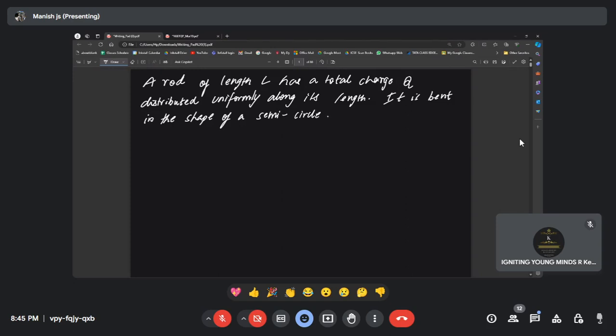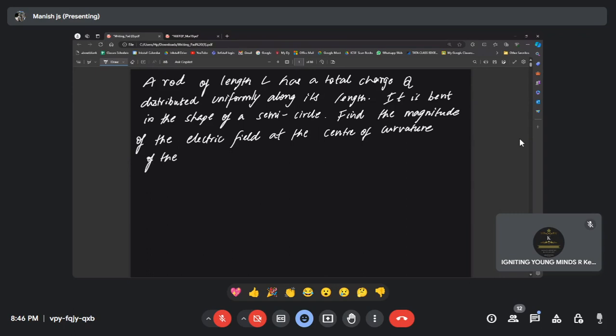It is bent in the shape of a semicircle. Find the magnitude of electric field at the center of curvature of the semicircle.